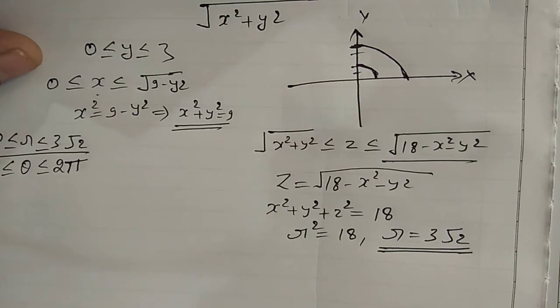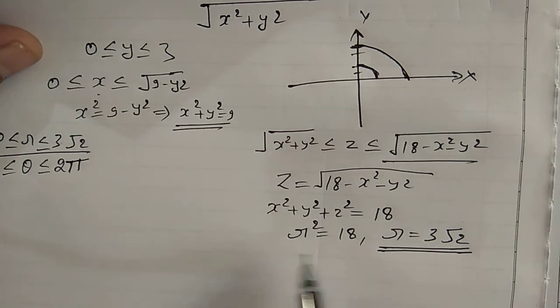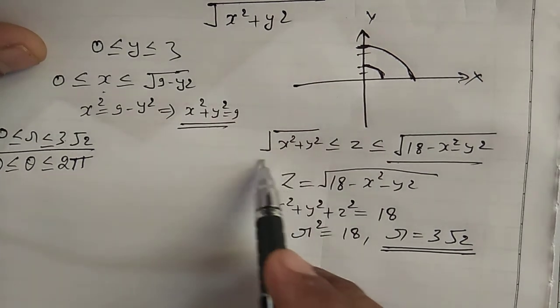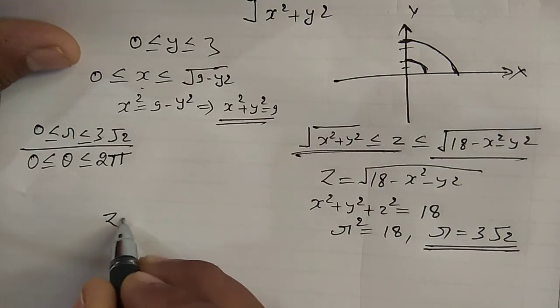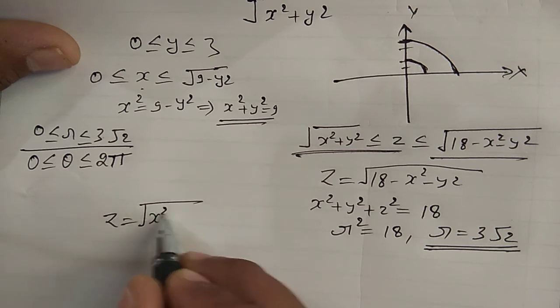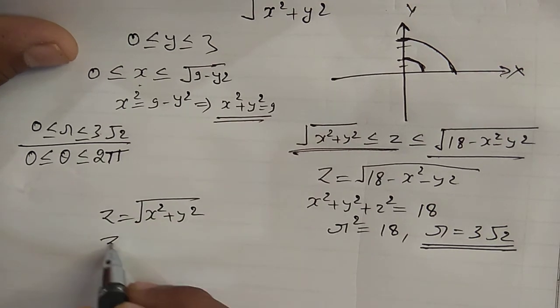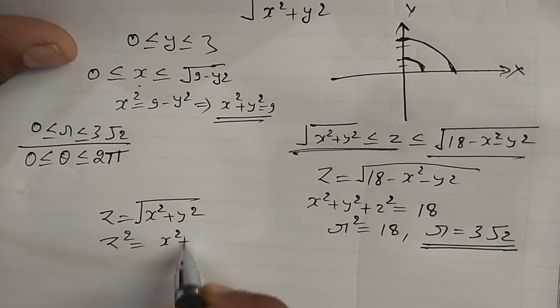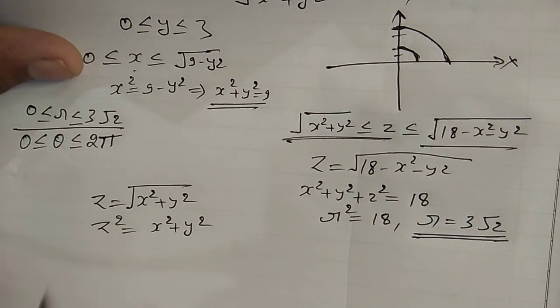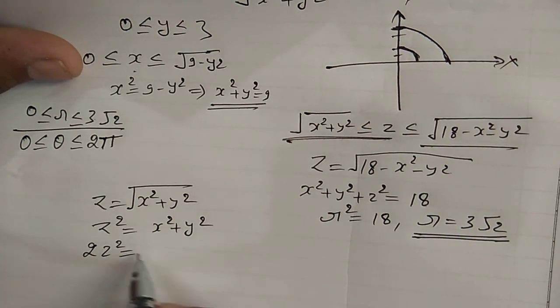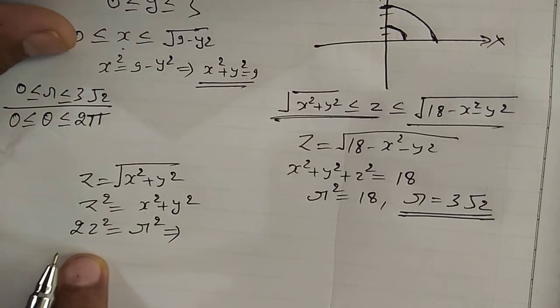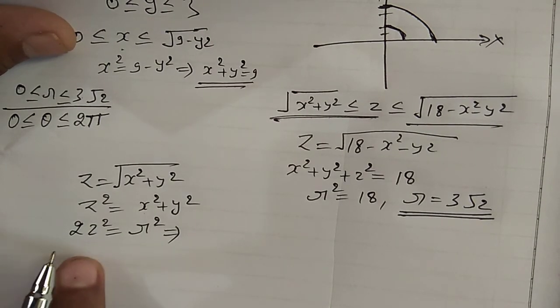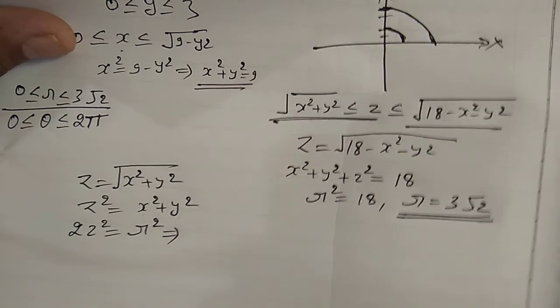And now we can find phi. From the lower range, z equal to under root x square plus y square. So z square equal to x square plus y square. Okay, so 2z square equal to x square plus y square plus z square, so r square. Now in the transformation, z equal to r cos phi.